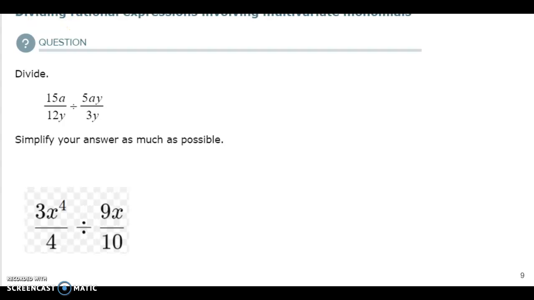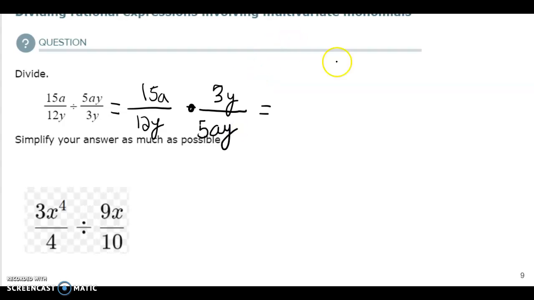I'll do the first one with this, and then you can do the second. So this is equal to, if we multiply by the reciprocal of the second term, I'm going to first turn this into multiplication. So my 3y is now in the numerator.